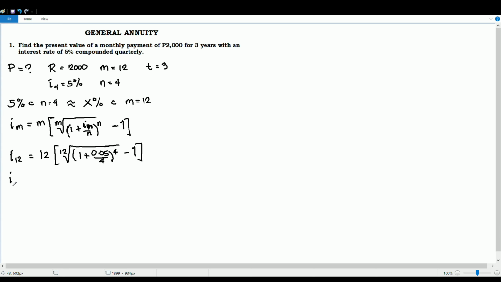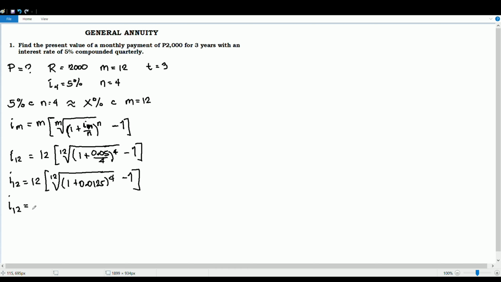To continue, I subscript 12 is equal to 12 times the 12th root of... what is 0.05 divided by 4? It is 0.0125. That is raised to 4, minus 1.